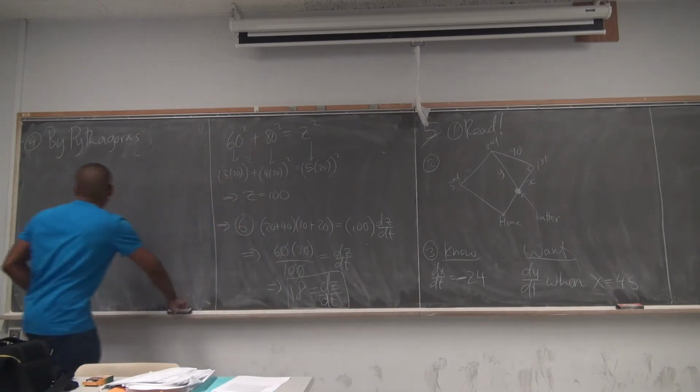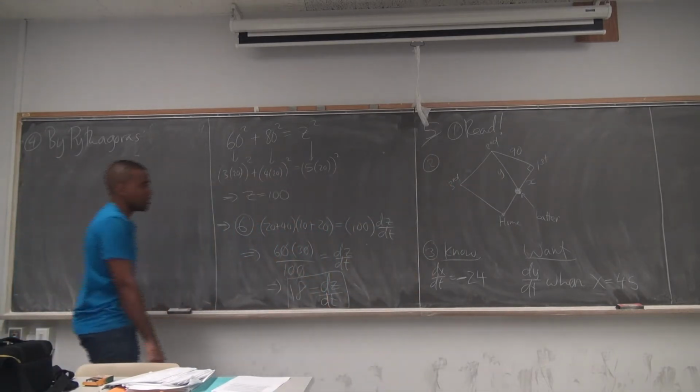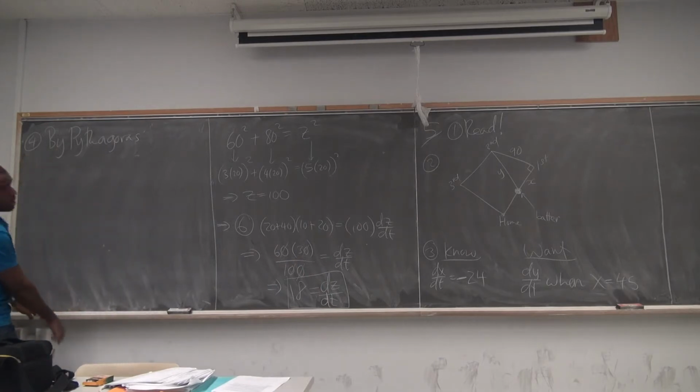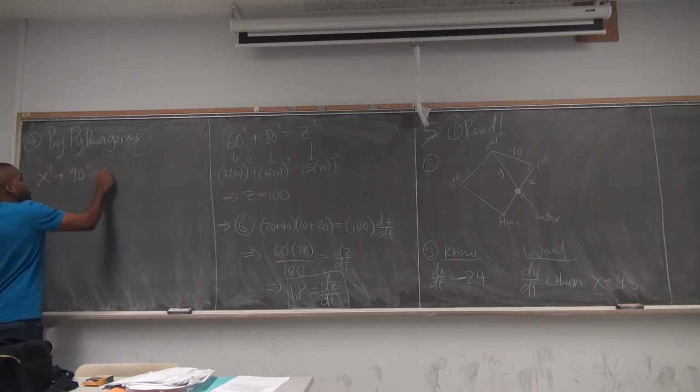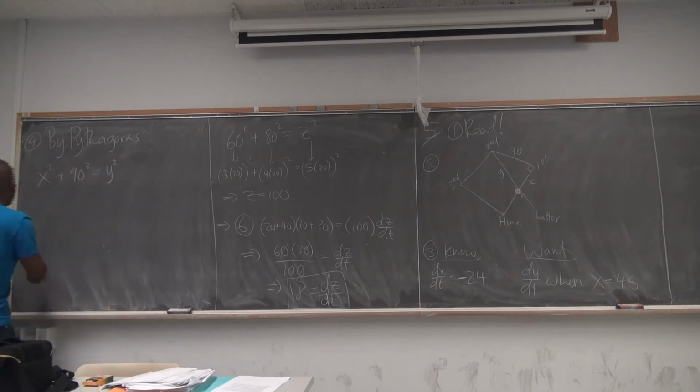And that's the conditions. So now the relationship, again, it's a right angle triangle. This shows up all the time. And so now we will have x squared plus 90 squared equals y squared. Step 5.